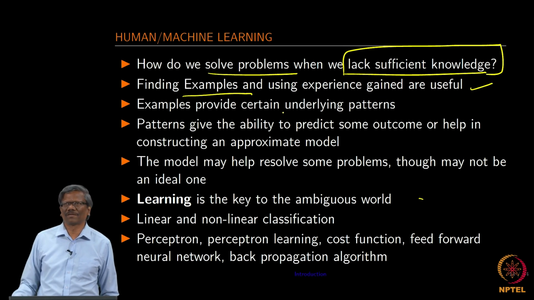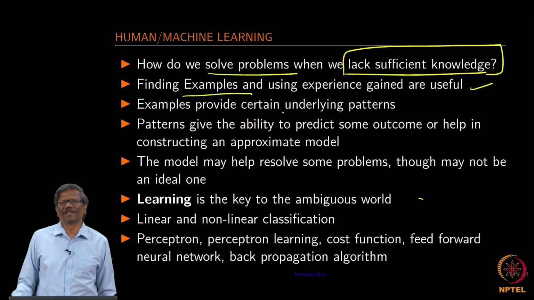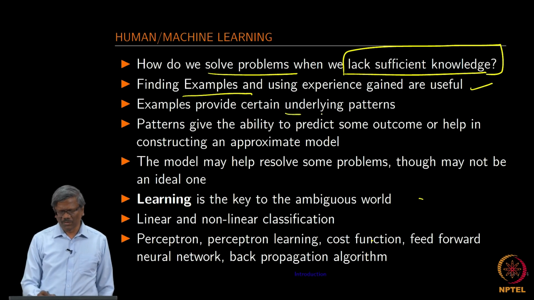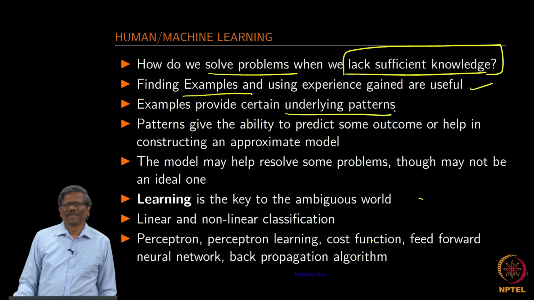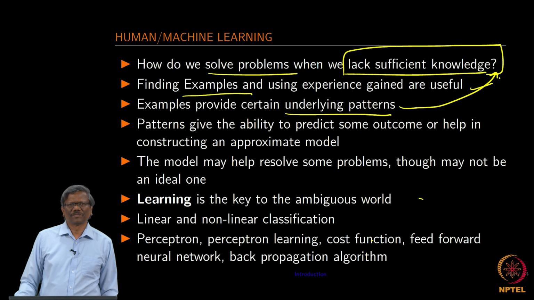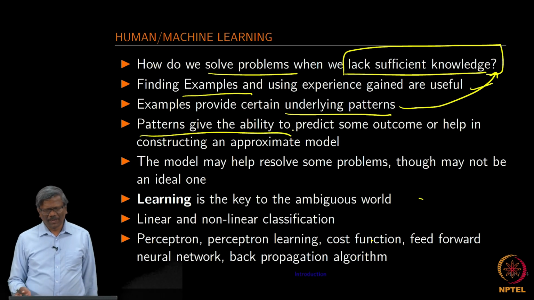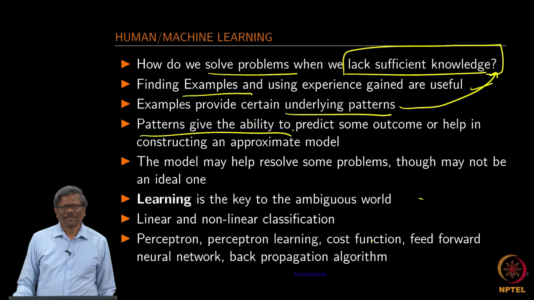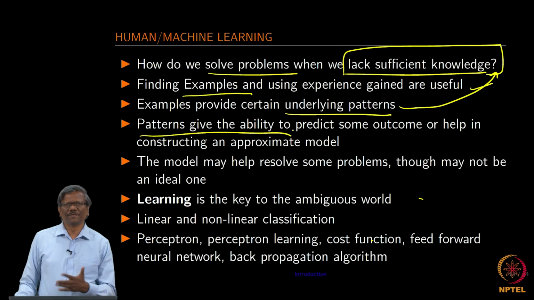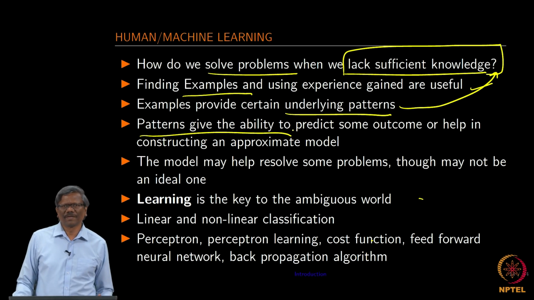Those are the examples that are already there. So, we can look at some underlying patterns in those, and then try to fill in the missing information using those patterns. These patterns give us the ability to predict some outcome. A pattern always would give you this ability.